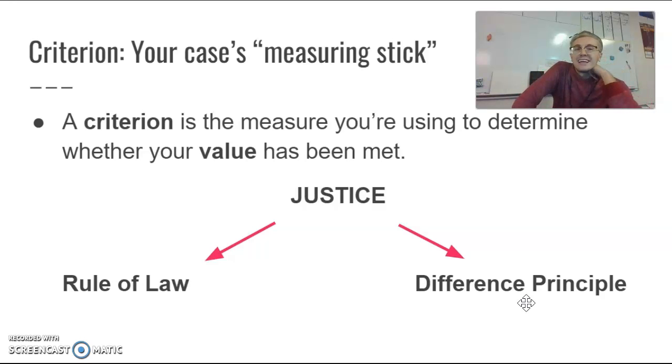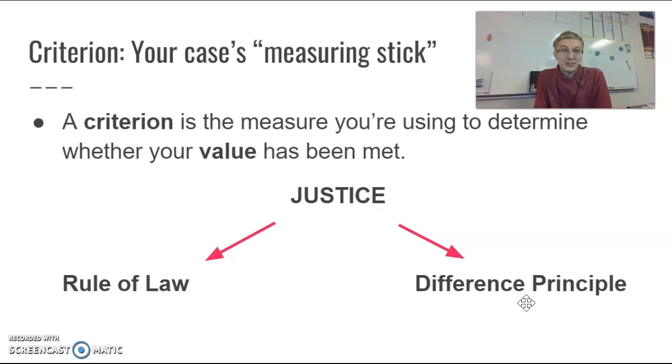Difference principle is an idea by a philosopher named John Rawls. And what Rawls had to say about justice was basically that the most just society makes decisions based on the ones who are the worst off in that society.